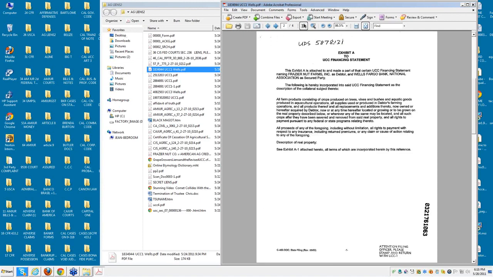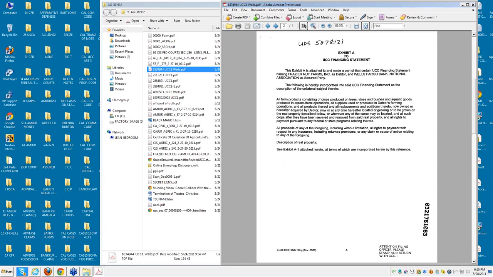Now, if you're going to do it, you put this down: this is an attachment to the UCC1. This is a blank sheet of paper. You notice that they stamp down there on the bottom, it says, "Attention, filing officer, please stamp and return with UCC1." So when you do your financing statement, you attach this to it. And there they give you the wording.